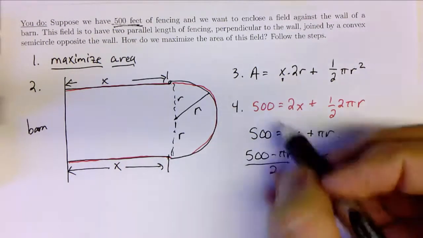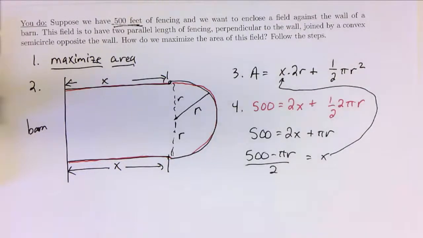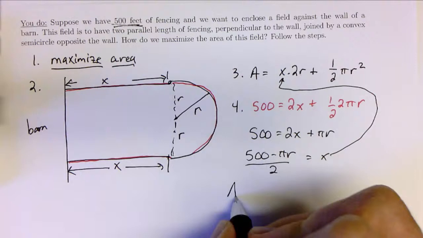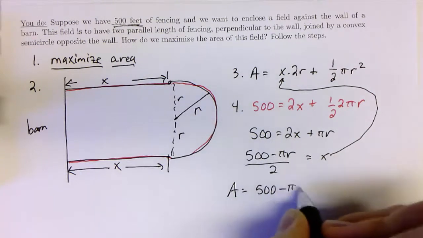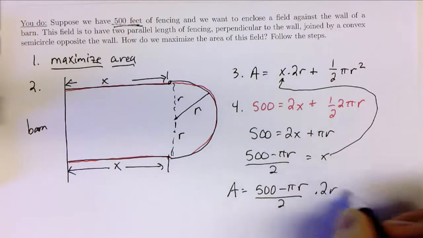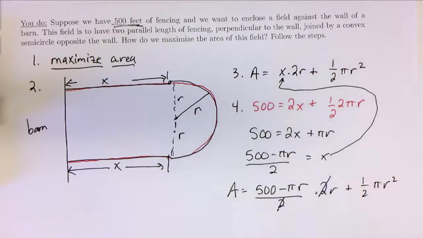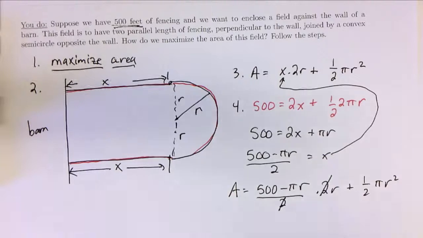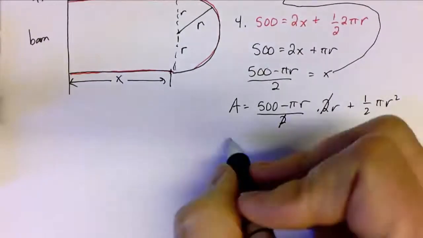Now we've got to substitute into our area equation. So we get area equals x, (500 minus pi r) over 2, times 2r plus 1/2 pi r squared. These two's cancel. And let's do some cleanup now to get a nice simple function before we do any calculus.